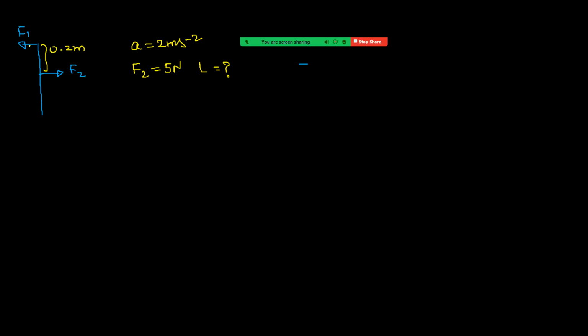So first thing here, F2 minus F1 equal to MA. That is one possibility. Otherwise, we can write F1 minus F2 equal to MA. That is a second possibility. So first we have to decide which is the correct one. Is it F2 minus F1 or F1 minus F2?